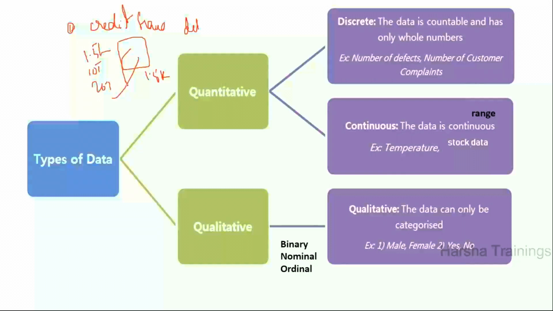That means if the transaction is being done by me and I agree, then only the transaction will be done. Else the transaction will get declined. Will you agree? Yes. Now here credit card fraud detection is yes or no. Shall I call this yes or no categorical data, please?